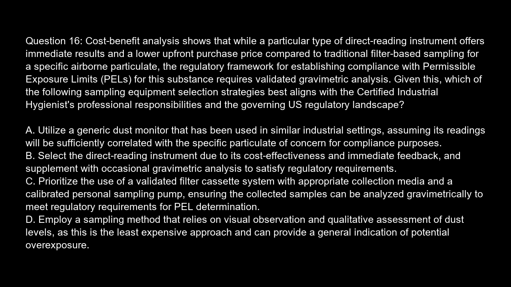Option C. Prioritize the use of a validated filter cassette system with appropriate collection media and a calibrated personal sampling pump, ensuring the collected samples can be analyzed gravimetrically to meet regulatory requirements for PEL determination. Option D. Employ a sampling method that relies on visual observation and qualitative assessment of dust levels, as this is the least expensive approach and can provide a general indication of potential overexposure.